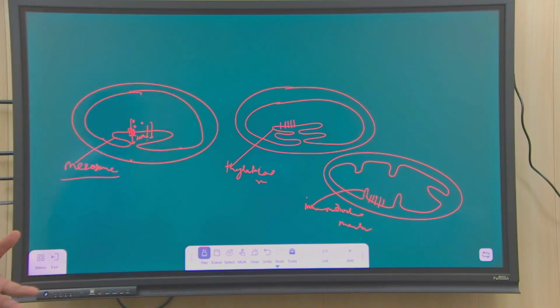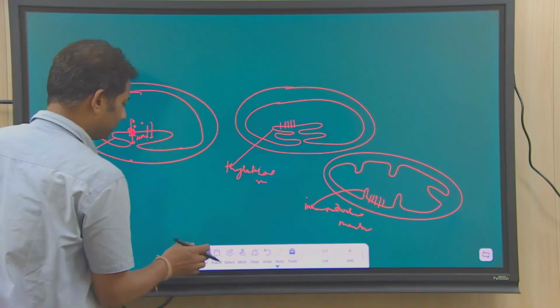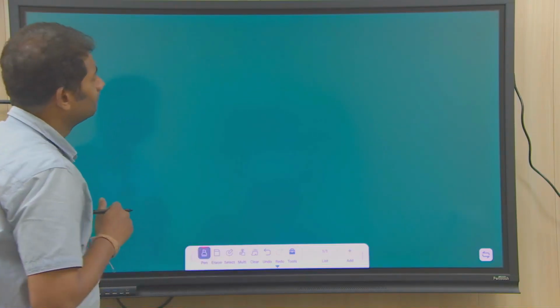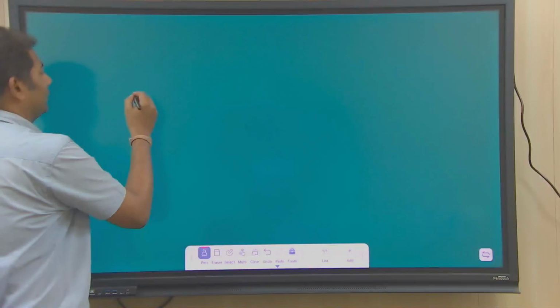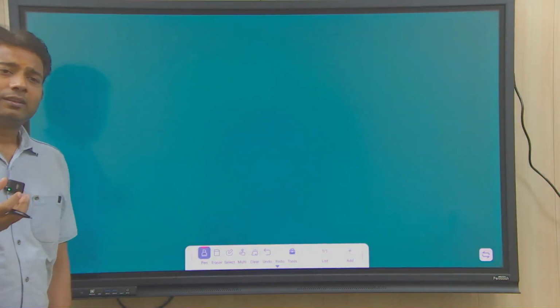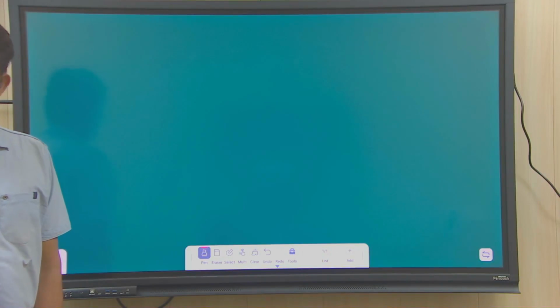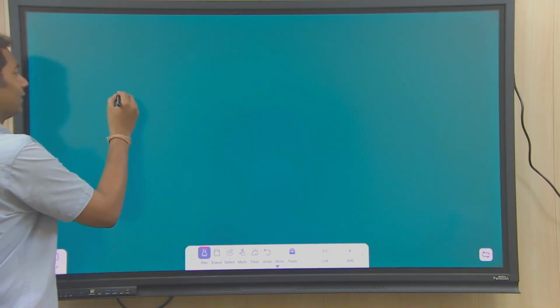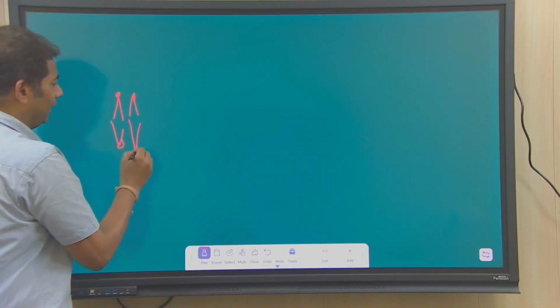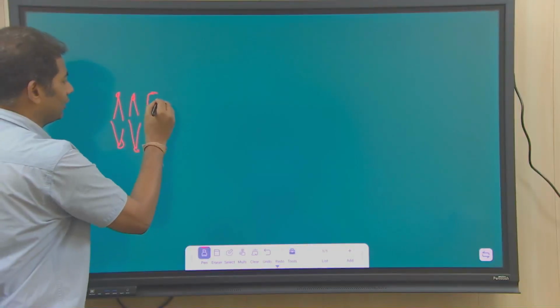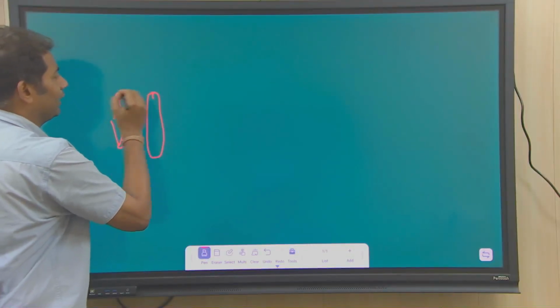But now the second question is, how is this gradient created across the membrane? How does the cell create this gradient? I want to explain to you. The cell performs a specific mechanism. I am taking the example of photophosphorylation. In this case, this is the inner thylakoid membrane, and we have a specific molecule, that is the light harvesting complex associated with the reaction center.